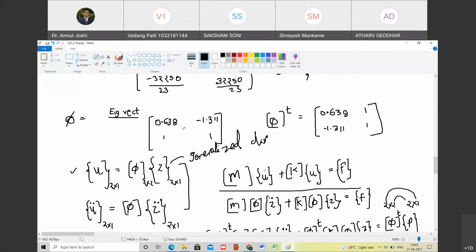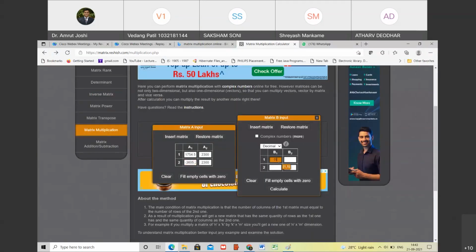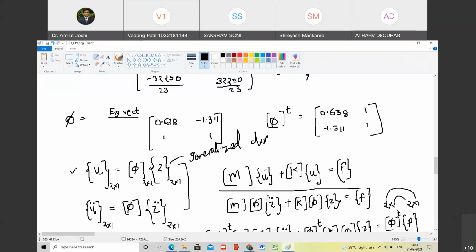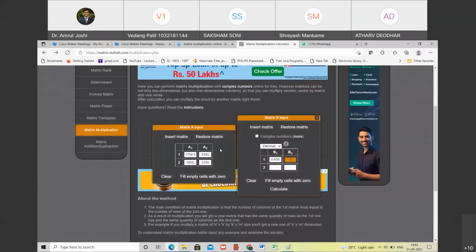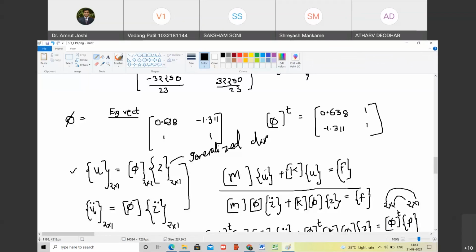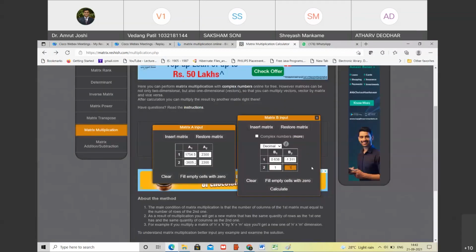So where is phi matrix? This one: 0.638, minus 1.311, then 1 and 1. I hope we have not made any error. So let us try to calculate that.